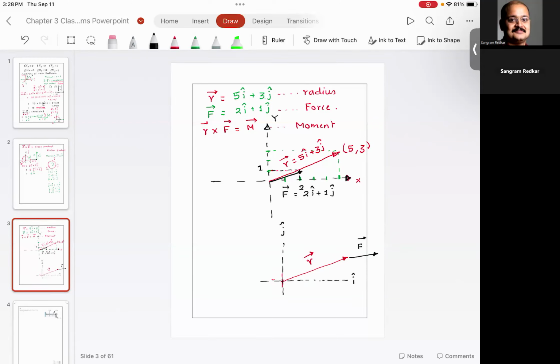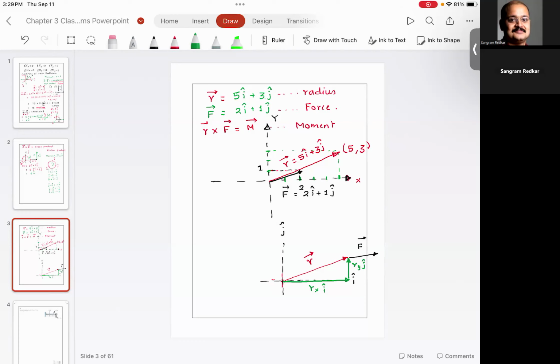So if I were to resolve my vector R, vector R would have a horizontal component and a vertical component. Do you agree with me? I'm going to call this Rxi, the component of R in the X direction, and I'm going to call this Ryj, which is the component of R in the J direction.